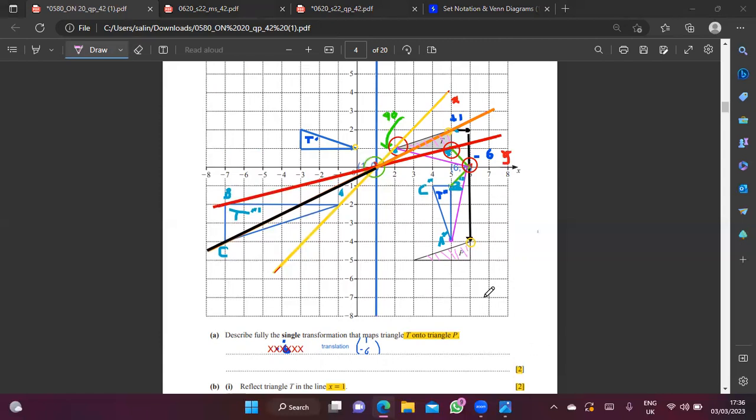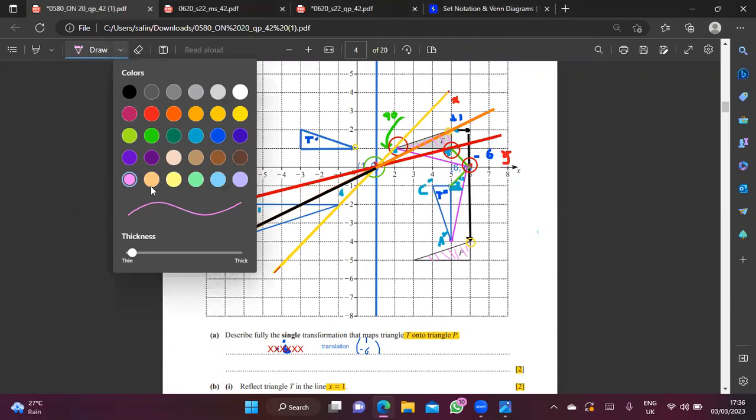So they ask you to describe a full single transformation. Of course, you know the answer here, but how to get the answer? The first thing you need to do is just pick any point. Pick any point.